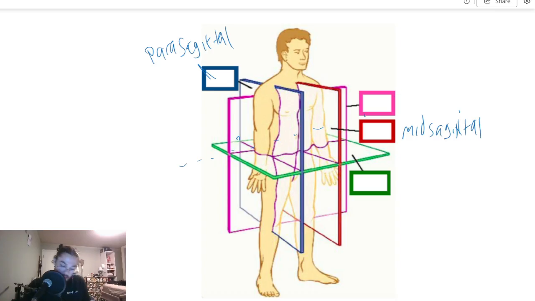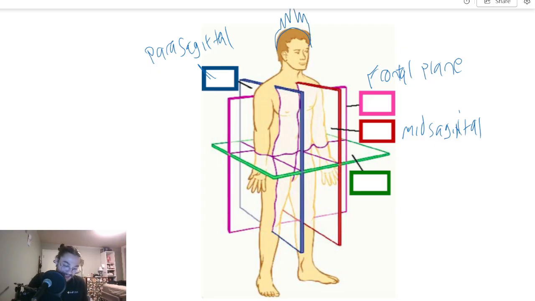Okay, cool. Now let's go over to the pink one. What is this pink one referring to? This is the coronal plane, or the frontal plane. Let's give him a little tiara here.